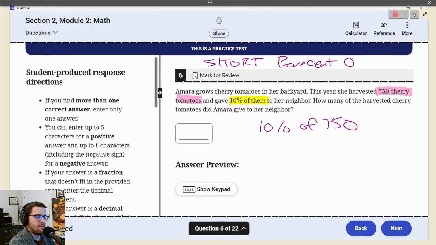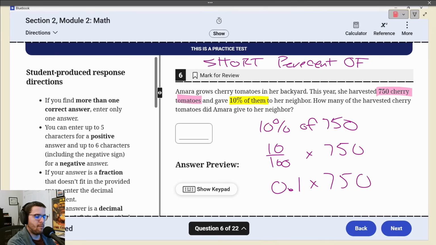Anyway, we're going to change the percent to a decimal by doing 10 over 100, and then we change the of to multiplication. And 10 divided by 100 is 0.1 times 750. And 0.1 times 750, you could do that on a calculator if you want, is 75. We can also use the percent of command on Desmos, so let's go do that.